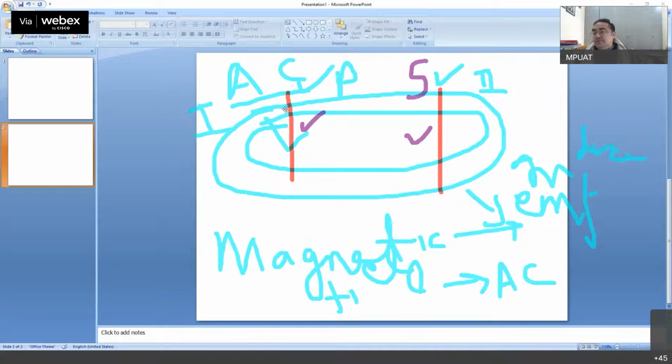Due to the principle of mutual induction, through the magnetic field, an induced EMF will be produced in the secondary circuit. So that's what happens in the transformer. Transformer is based on the principle of mutual induction, where voltage and current, the power, is being transformed from one circuit to another.